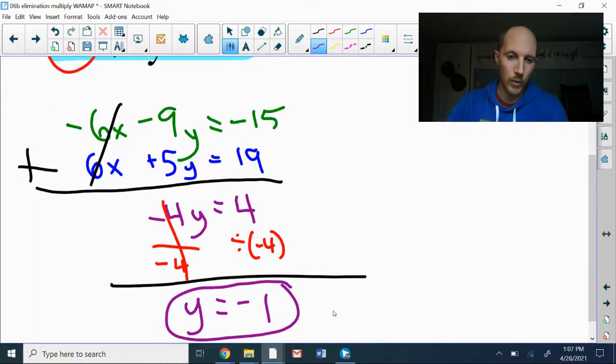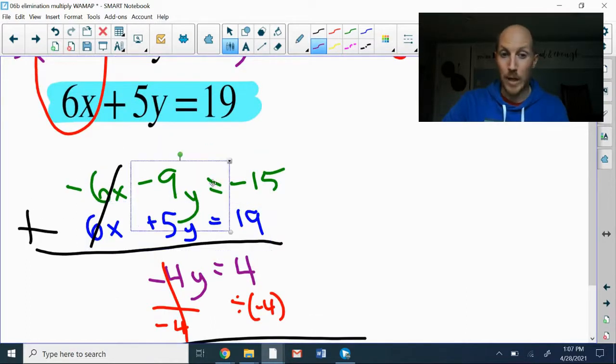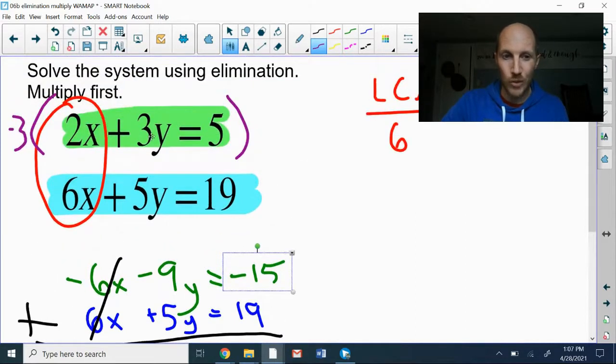So I'm going to take that negative 1, that's y. I'm going to put it back into any of the original equations and substitute it so I can find x. So I could use, just for clarification, this blue equation. I never changed it, so I could use the original blue equation. I could use my modified green equation or the original green equation.